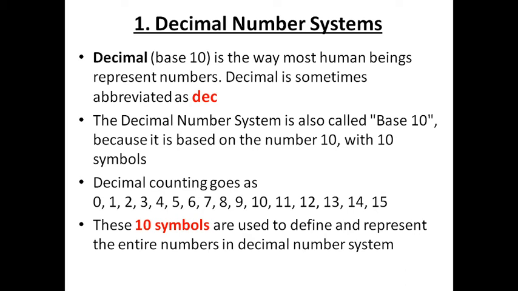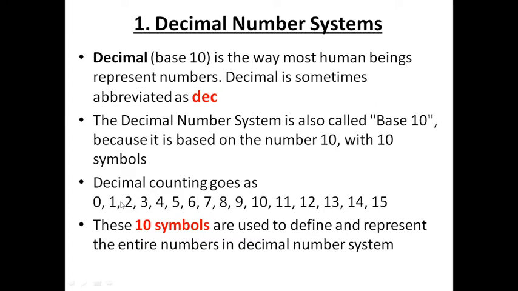Now what is basically a decimal number system? Decimal number system has a base 10, and it is the way most human beings represent the numbers which we use daily in life. It is abbreviated as DEC. Now it has 10 symbols. Now decimal counting, how is it done? It is normal counting like 0, 1, 2, 3, 4 up to 15.